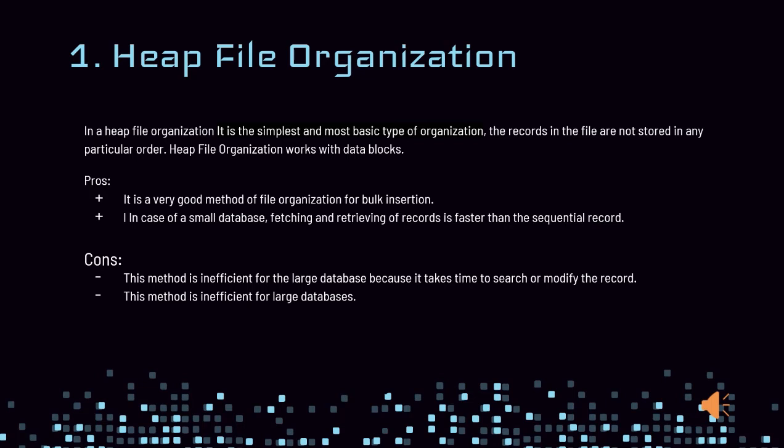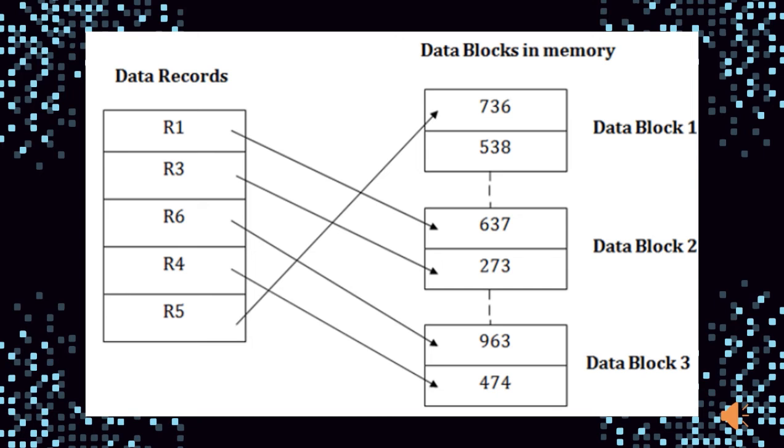Next, the cons. The first one is, this method is inefficient for a larger database because it takes time to search or modify the record. This is an example of heap file organization.